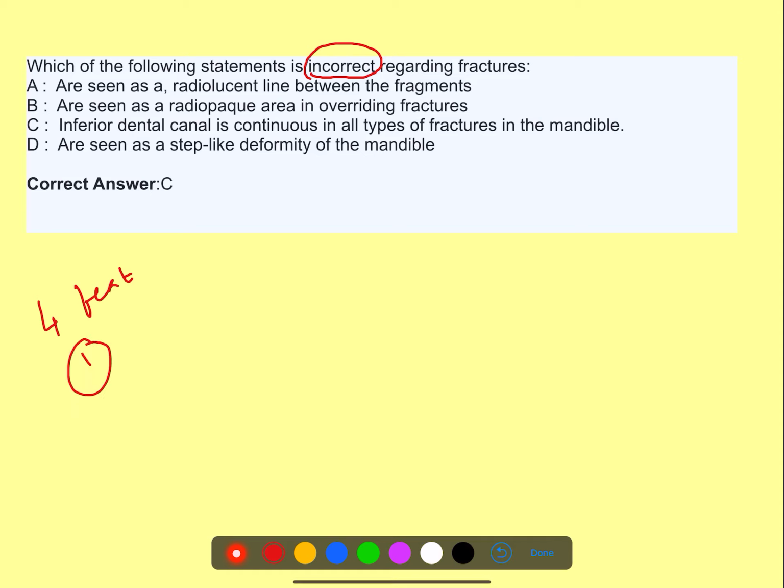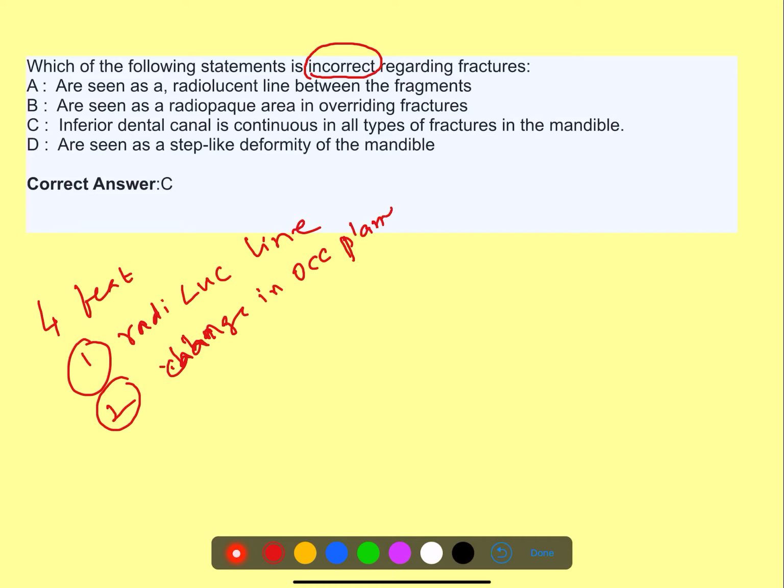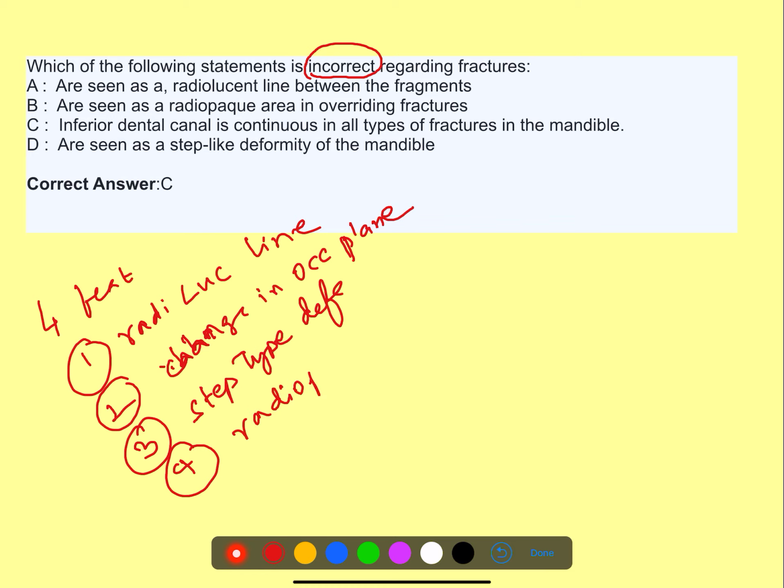The first one is the fracture may present as a radiolucent line, or it can be present as a change in occlusal plane, or it can be seen as a step type defect, and the last one is it may be present as a radio opaque area because of the overlapping of 2 fragments. So these are the 4 features of fractures that can be seen radiographically.